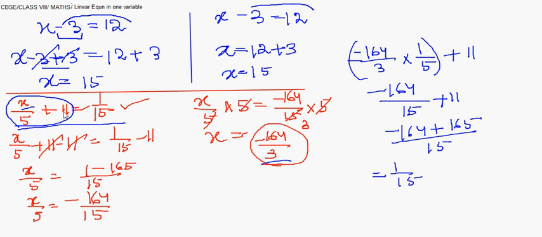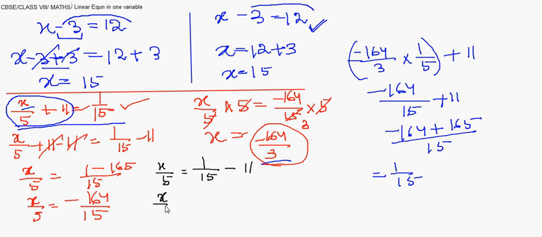Now this can also be solved the way we did earlier, carrying 11 to the right. I'll just write it down here. We could also solve it like x by 5 is equal to 1 upon 15 minus 11. You simply carry 11 to the right. When a plus 11 changes side, it becomes a negative 11.